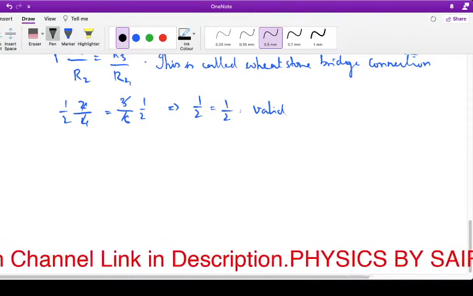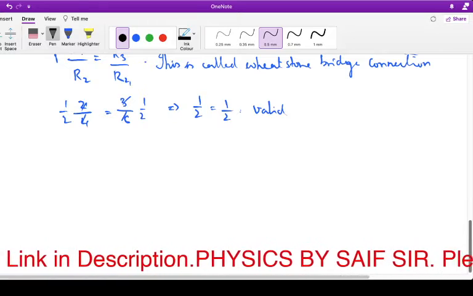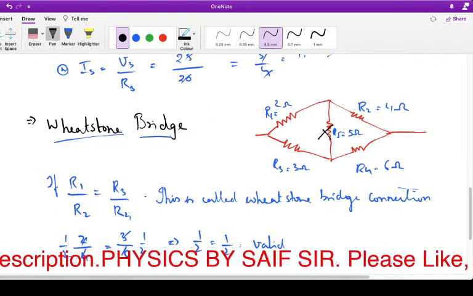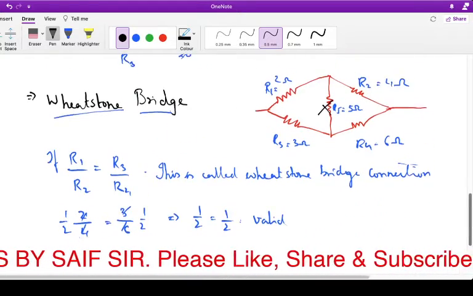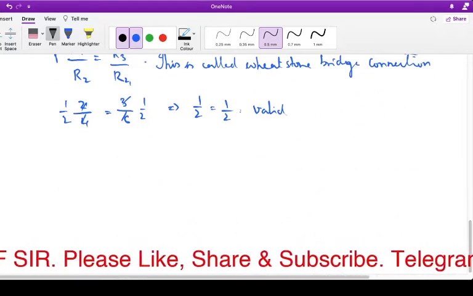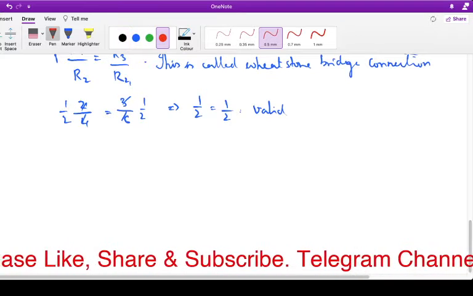Okay, now you can find the R equivalent here. You can find the R equivalent of the circuit as you have removed the middle part. It will be like this. We will redraw the circuit here.